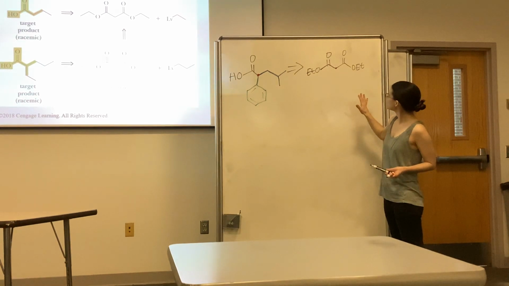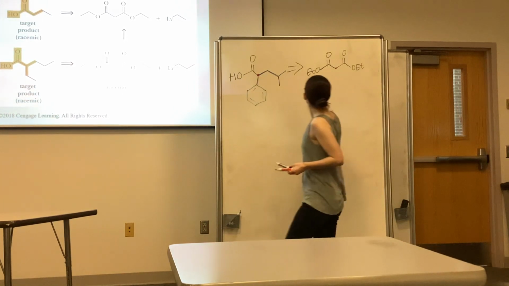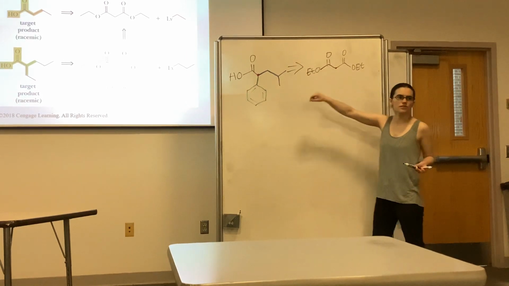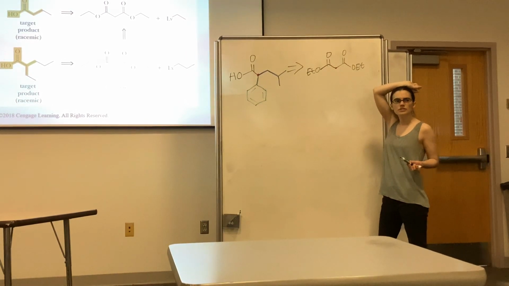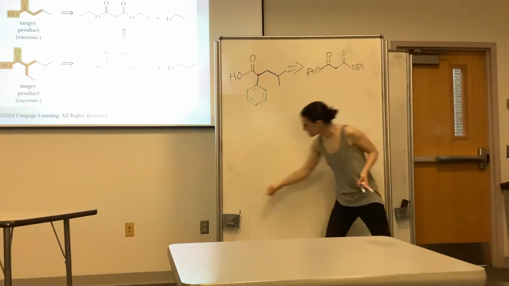I'm trying to go back to the beginning, but that's not where we should go yet. So we should take one of these guys off. Which one do you want to do first, green or blue? Green. Let's get rid of green.